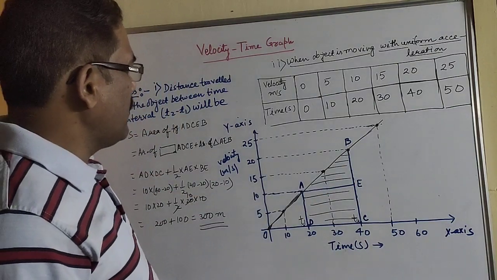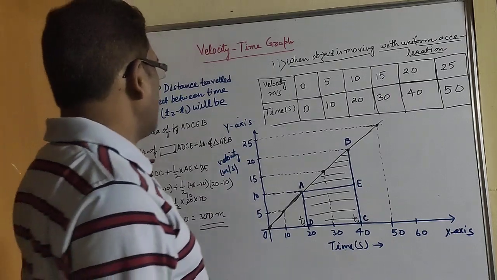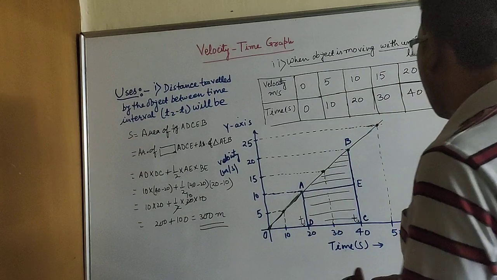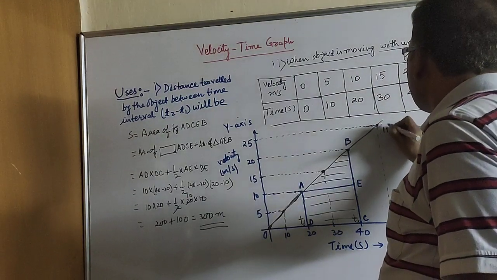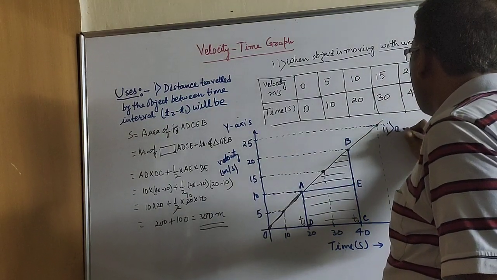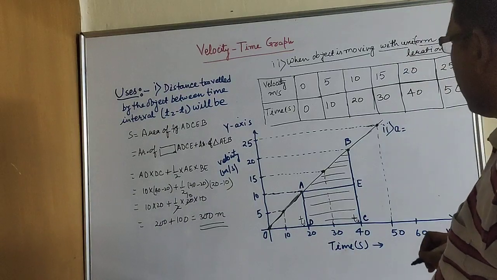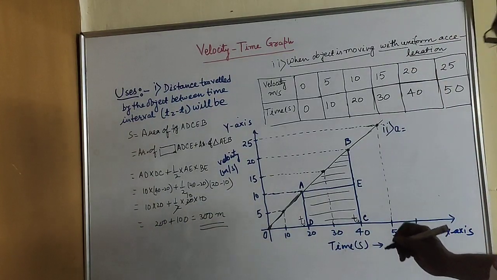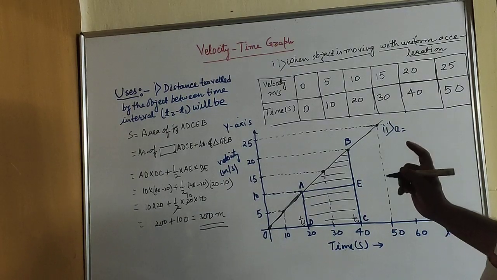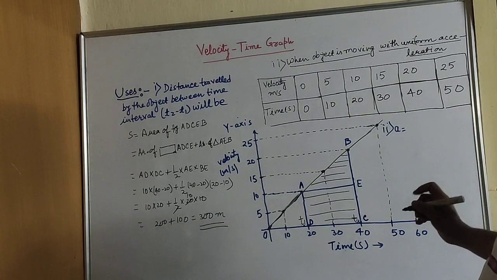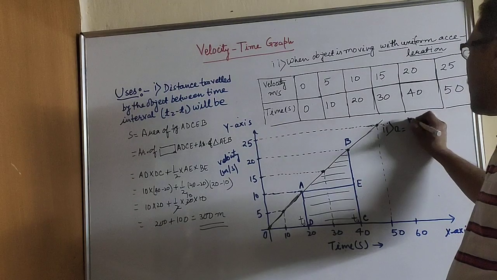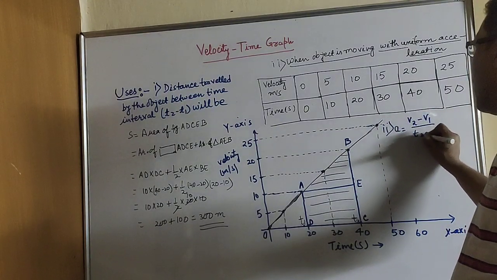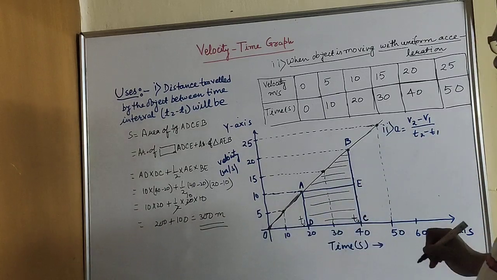Similarly, you can calculate the acceleration. Second thing that you can calculate is acceleration. So as we have done that, we are calculating velocity from distance time graph. That velocity is s2 minus s1 by t2 minus t1. Here simply, acceleration will be v2 minus v1 by t2 minus t1.